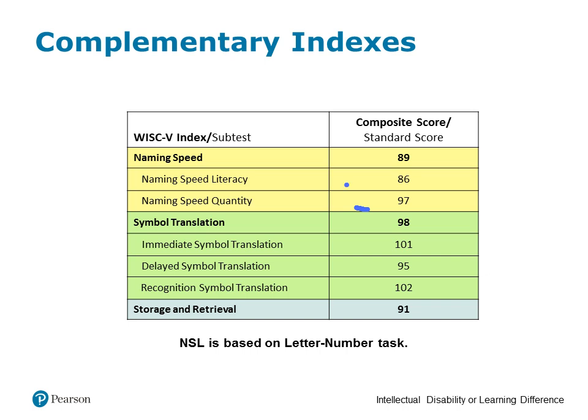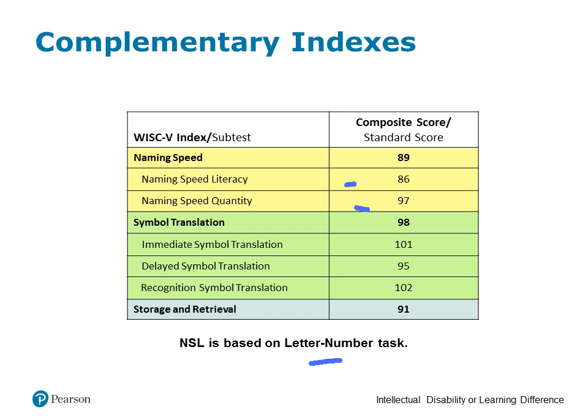And naming speed literacy, his score for naming speed literacy based on his age is based on a letter number task. So the reason why I want to point that out is because when you think about presenting letters and numbers, there is a significant executive function demand where the examinee is constantly switching mental set from number to letter, and you're not sure if the next one is going to be a letter or a number.